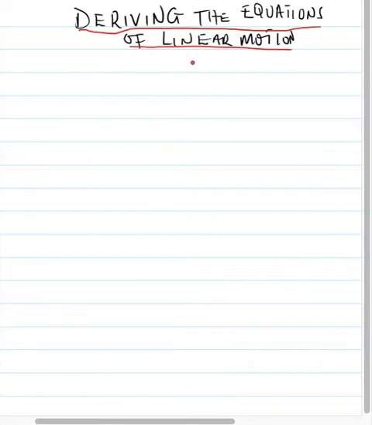So you just have to understand how to derive them. After understanding how to derive them, you will also understand how to use them to solve questions. So we shall start immediately with the first equation.